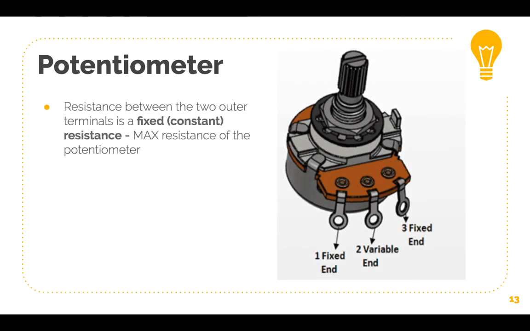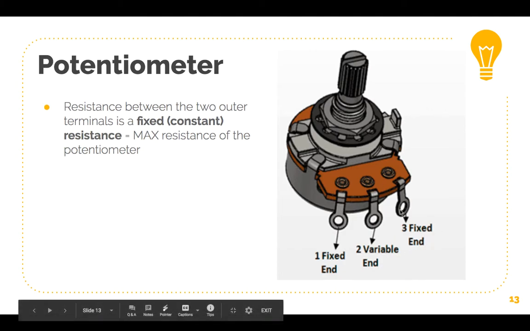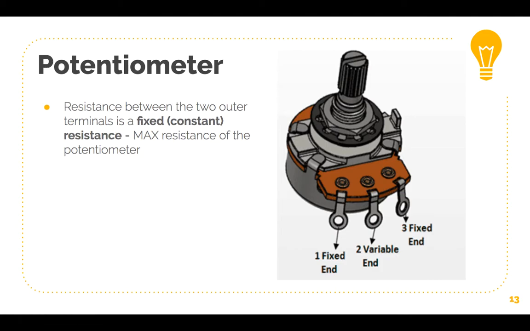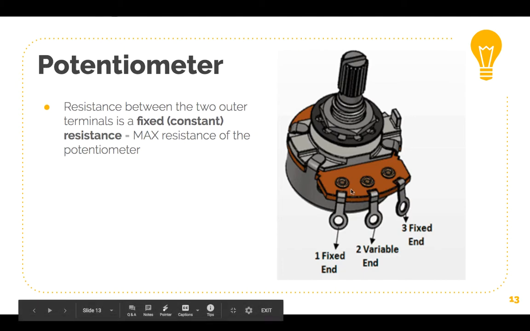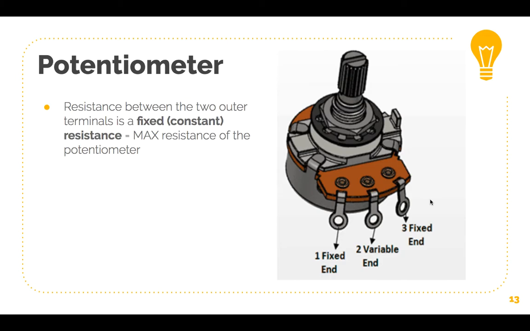Like I said, the resistance between the two outer terminals is a fixed or constant resistance. This very closely resembles the type of potentiometers that we'll use in class during our lab. If you hook up the two outermost terminals of our resistor within your circuit and you try to turn the knob, it's not going to change the resistance because that's fixed, that's constant.